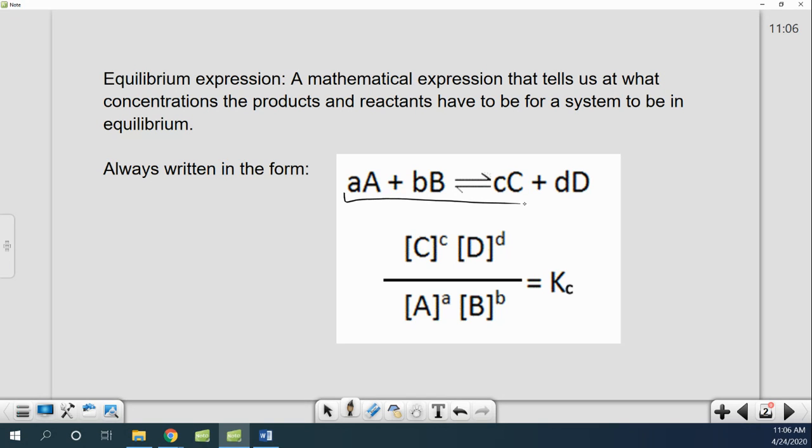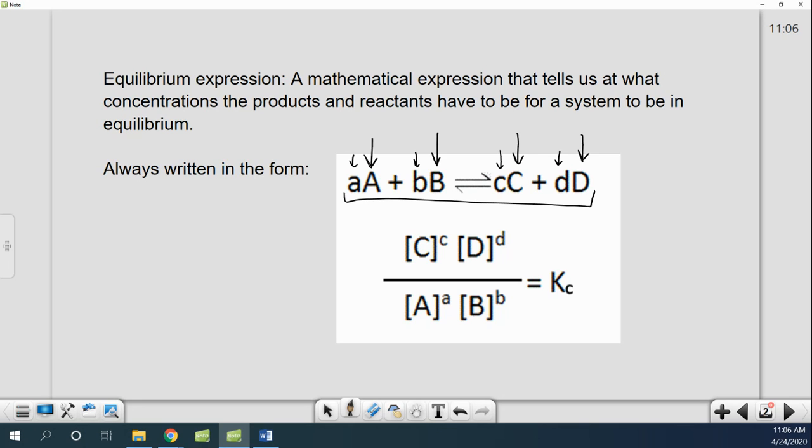So here is our balanced chemical equation. I've got some coefficient a for reactant A, some coefficient b for reactant B, some coefficient c for product C, some coefficient d for product D. All right, we're good.